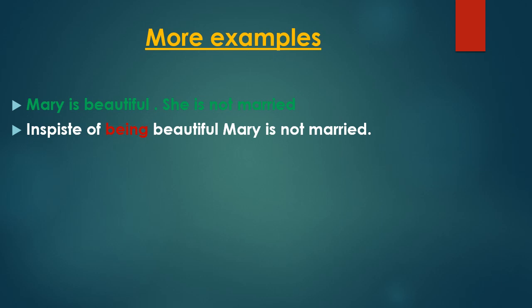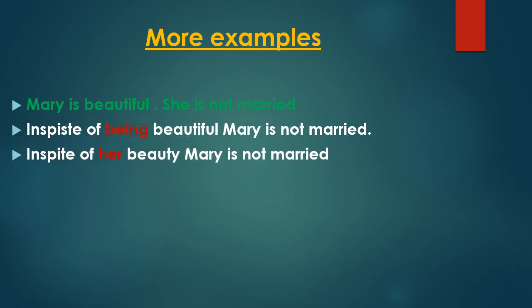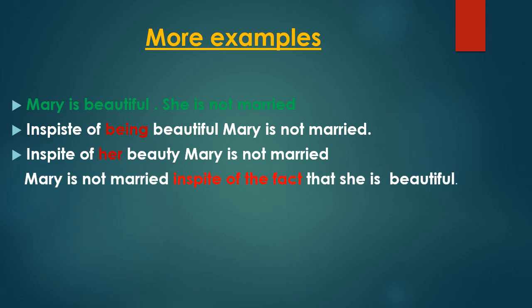So, as we have mentioned earlier, we have used here the ing form. We have another possibility. In spite of her beauty, Mary is not married. Noun. Or, Mary is not married, in spite of the fact that she's beautiful.